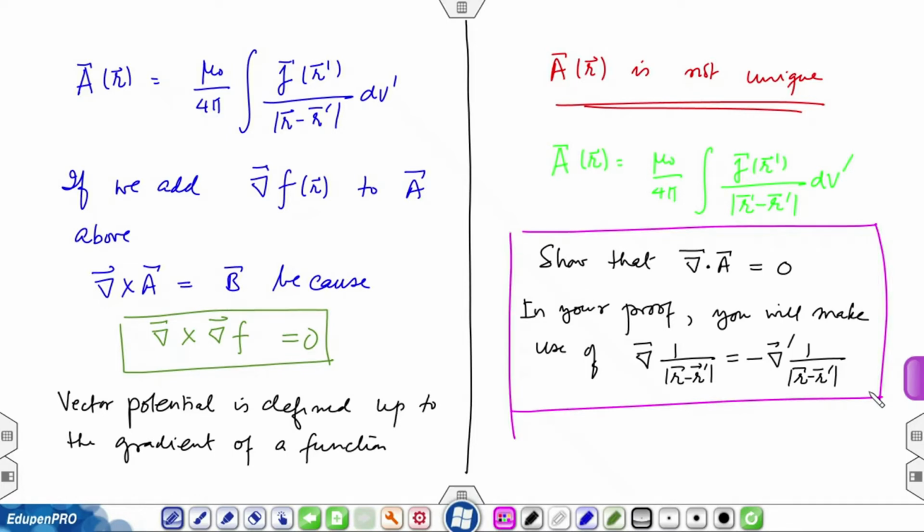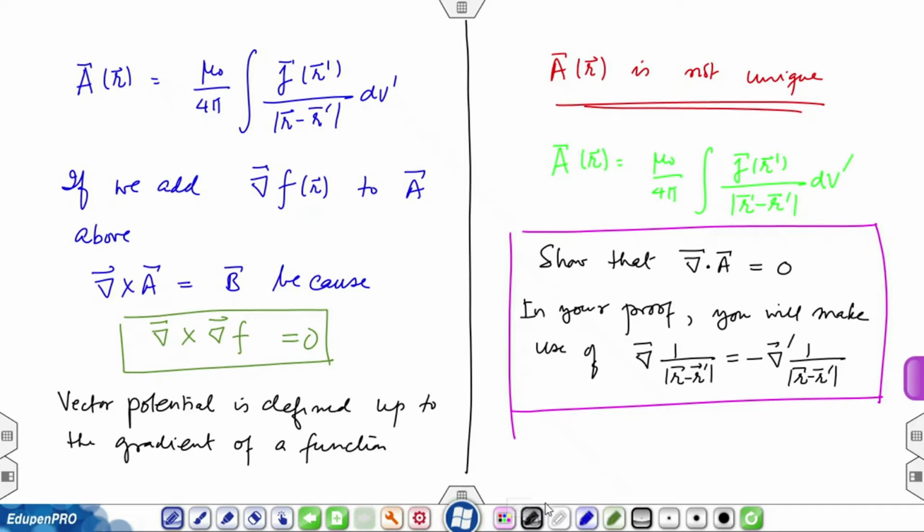What it also means is that if you calculate A by some other means, which I will show in a minute, I can always add some gradient to it, so that its divergence can be made 0.